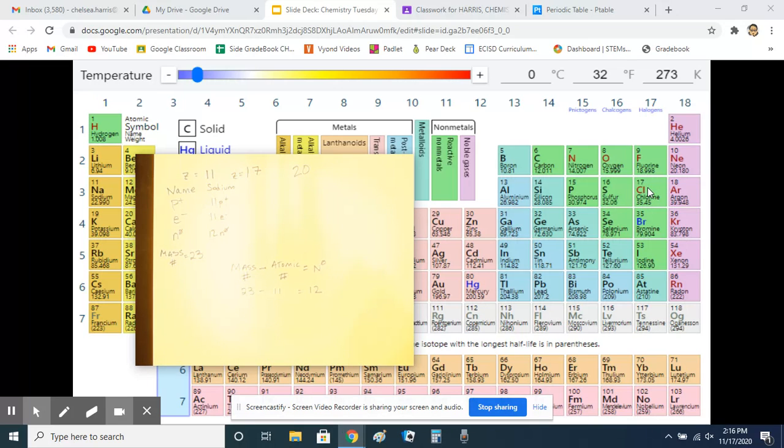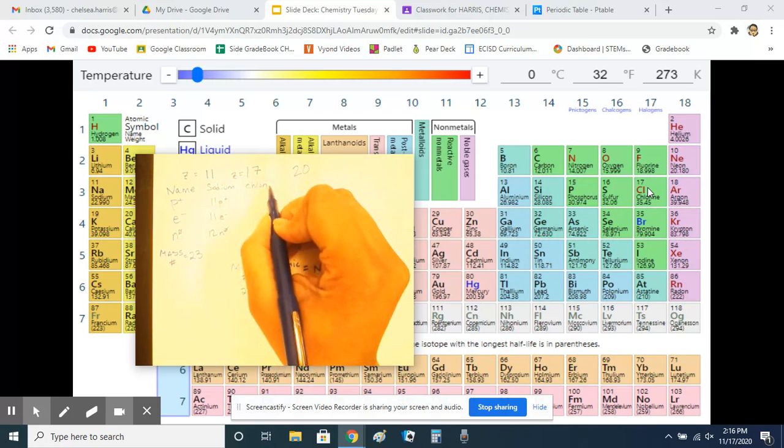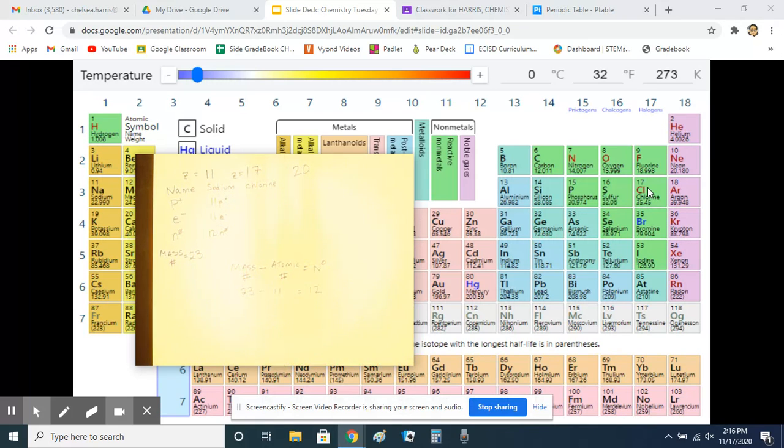Element number 17 is another one of my favorite elements we talk about all the time. That's chlorine. It's funny because sodium and chlorine make such a wonderful couple with each other, right? Sodium chloride, table salt, we eat that every day. You need it so that the circuit in your body can run effectively. So number 17 is chlorine.